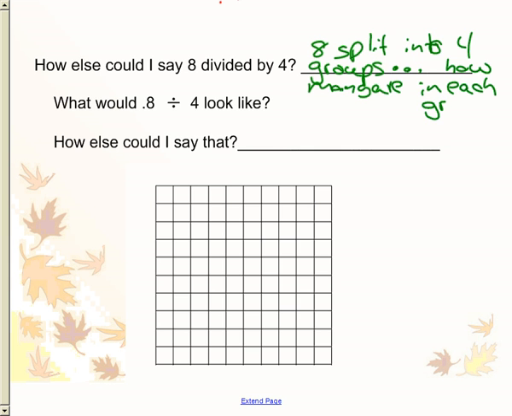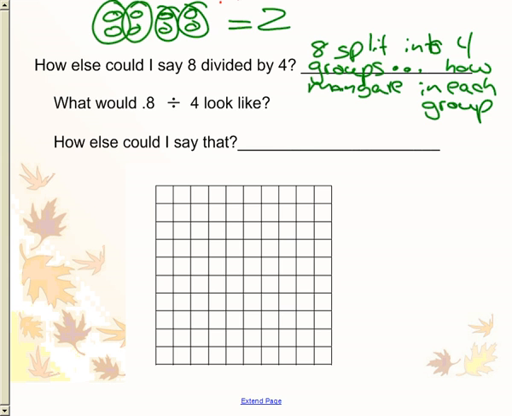Now you say, well, Ms. Crenshaw, that's easy. If I have 8, 1, 2, 3, 4, 5, 6, 7, 8, and I split that into 4 equal groups, clearly I have 2 in each group.